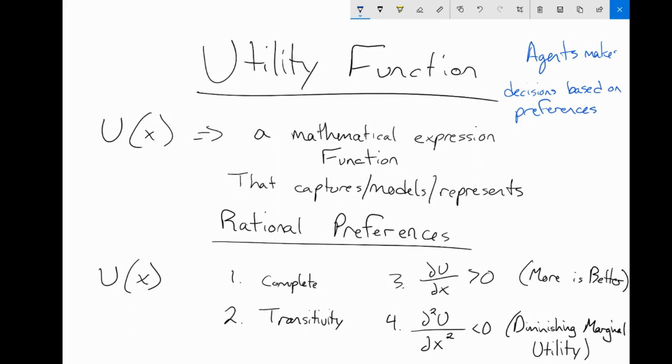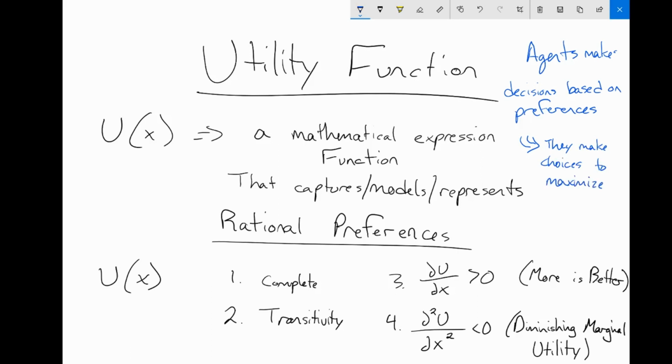Furthermore, agents make choices to maximize.